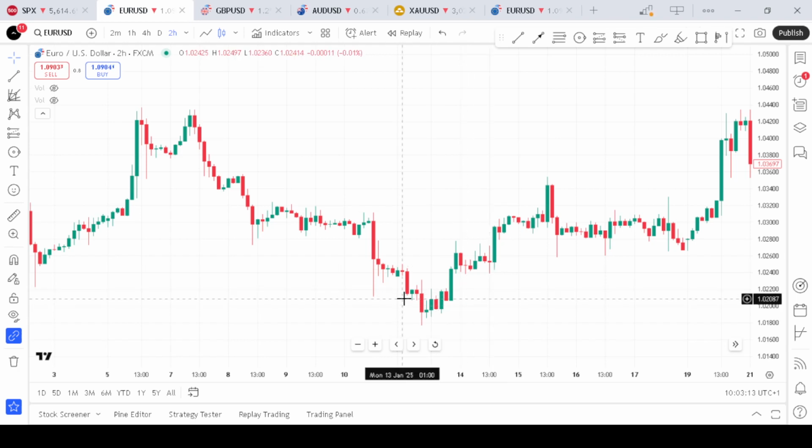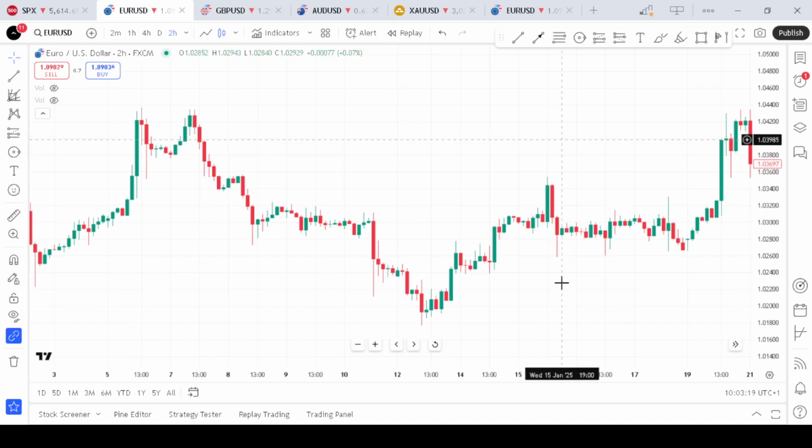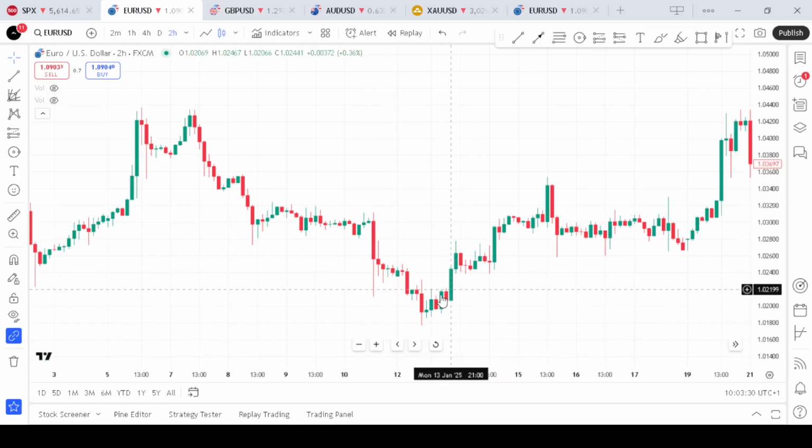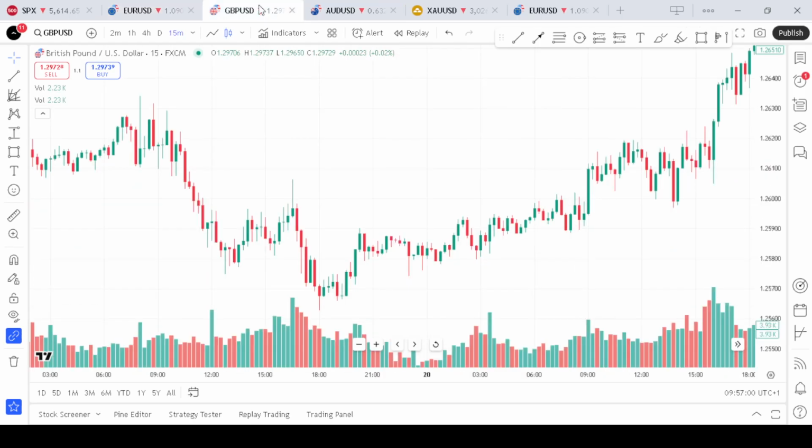Confirmation is stronger when the final bullish candle shows increased volume or aligns with a support level. So if there is an increase in volume, it indicates a stronger formation of this pattern. This is what it basically is.